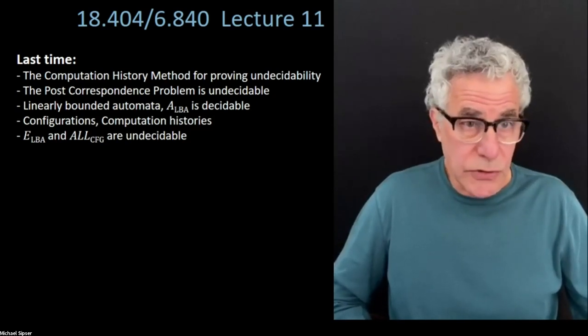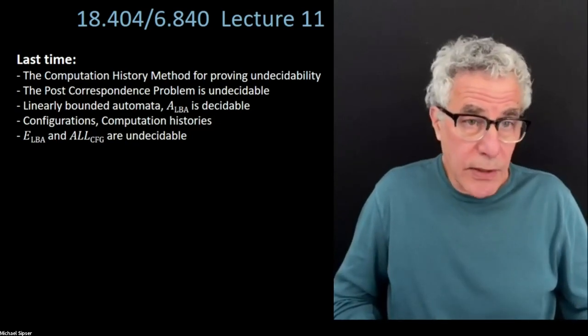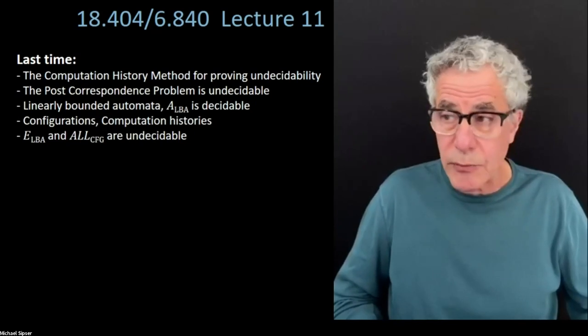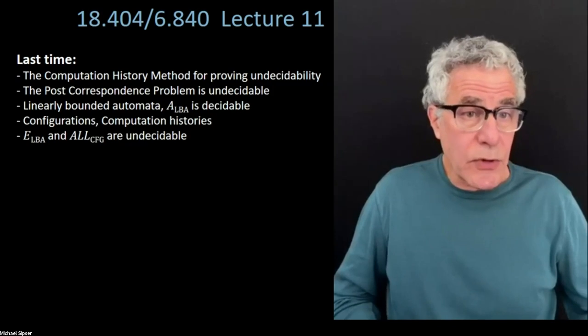Those proofs are pretty much all reductions from something undecidable. A reduction from ATM is as good a starting point as any, and it uses the computation history method.